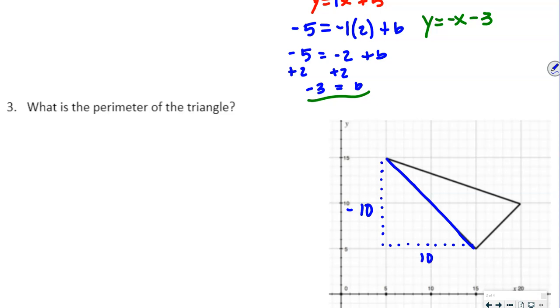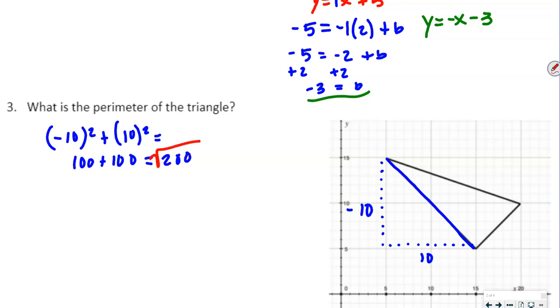So if we want to find that length, the blue length, we're going to do negative 10 squared plus 10 squared. That's going to be what? 100 plus 100. And that's going to be 200. And remember, we're going to take the square root of that value to get what the length is. Okay, so when we do that, that's going to be approximately 14.14.